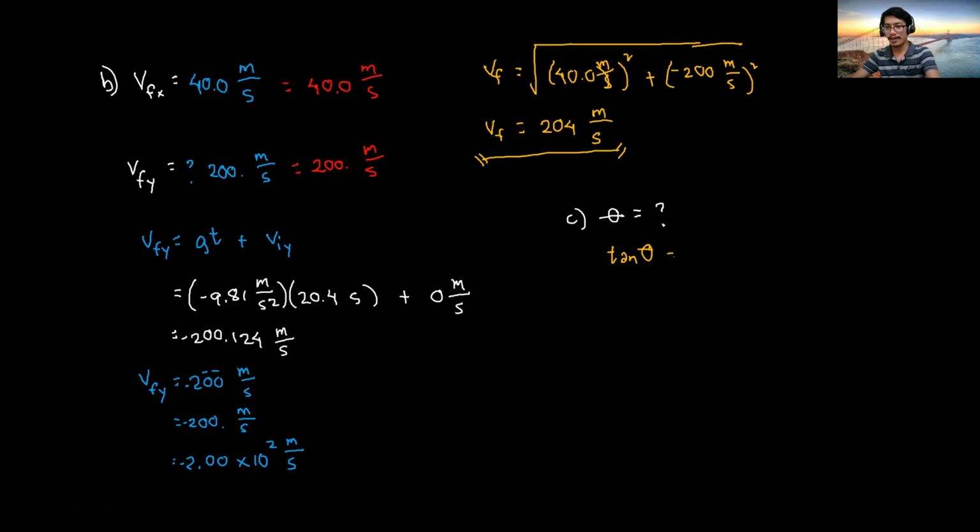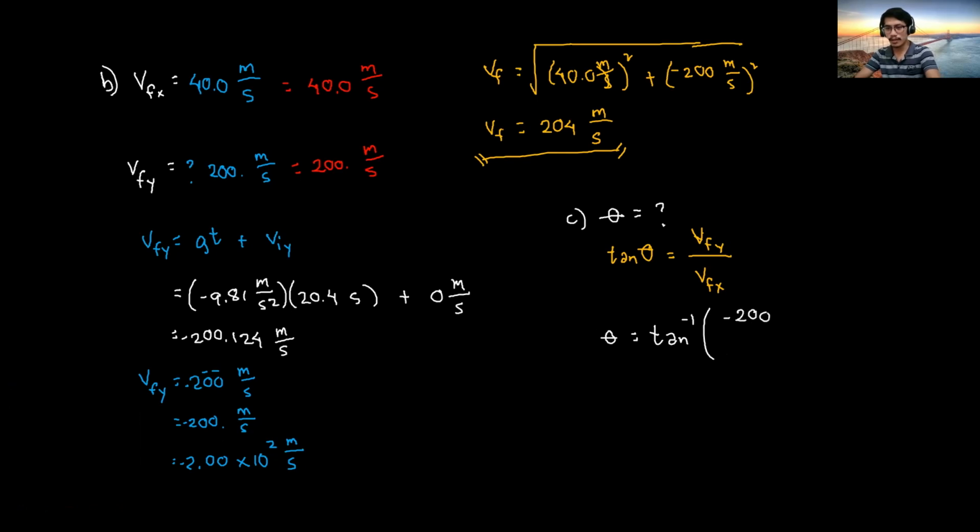So tangent of an angle is equal to, it is up to you whether y over x or x over y, y over x here, VFY over VFX. So we will take the inverse of the tangent. So theta is equal to inverse tangent of VFY over VFX. Where is our VFY?